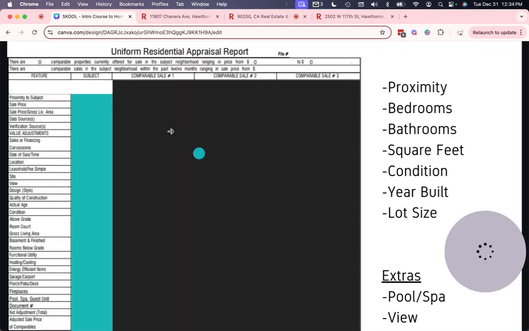Again, they're going to go through all of these different types of things. They're going to adjust the square footage differently. If they didn't have enough homes with a 3-bed, 2-bathroom, they're going to take a 4-bed, 3-bath and adjust it downward as well and say, hey, the extra bedroom's worth 20 grand and the extra bathroom's worth 25. And the extra 500 square feet is worth another $50,000.